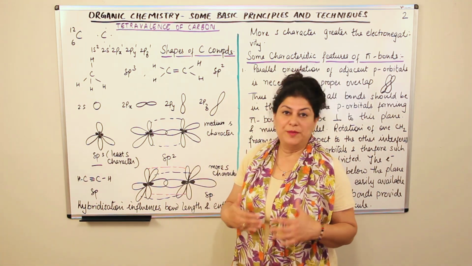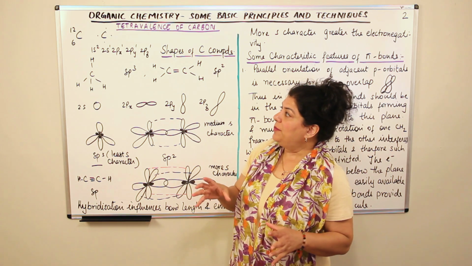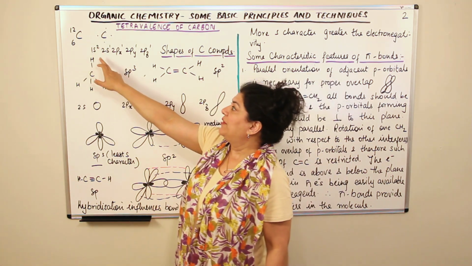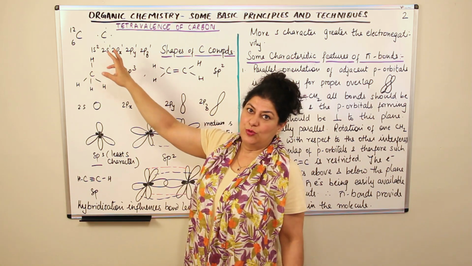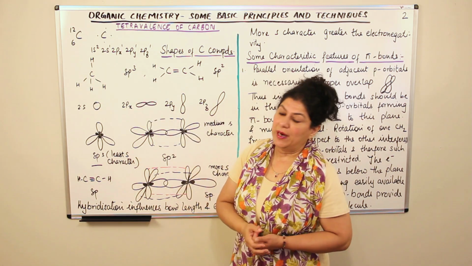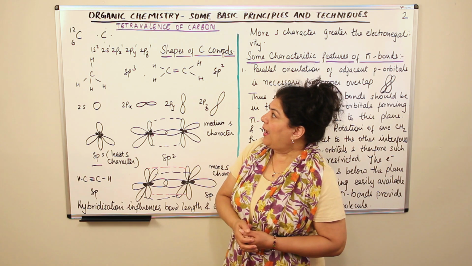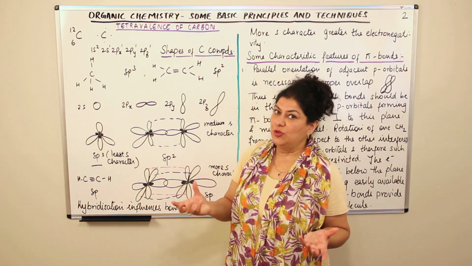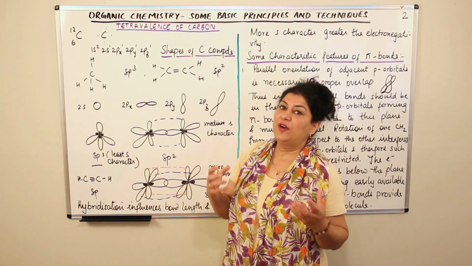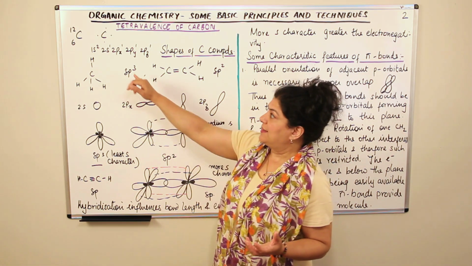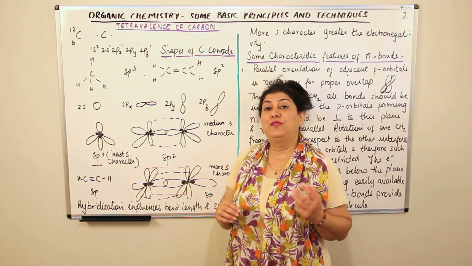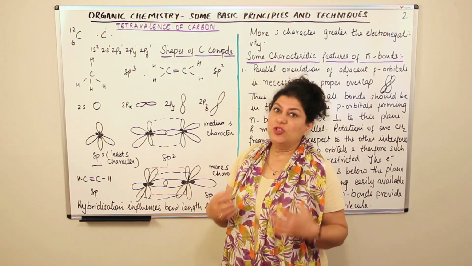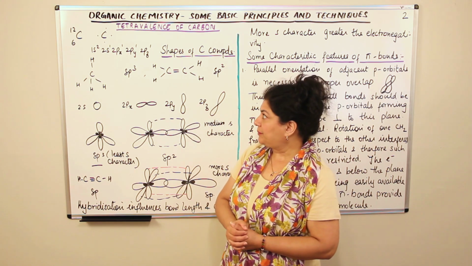I told you in the previous video that the atomic number of carbon is 6 and its electronic configuration is 1s2, 2s2, 2px1 and 2py1. And I told you about the tetravalence, that according to the octet rule, carbon has 4 electrons in its outermost shell, that is the second shell, and it needs 4 more electrons to complete its octet, and therefore it shows a valency of 4.